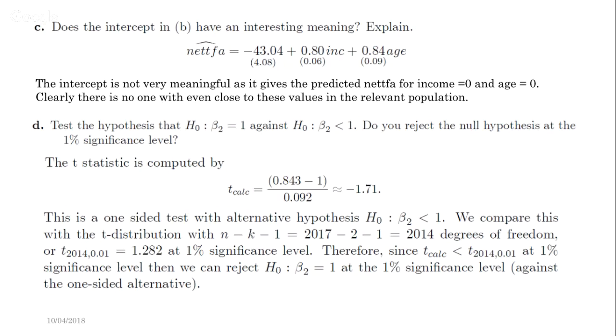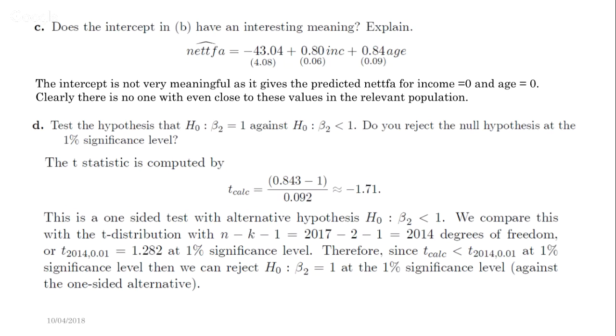How about the critical value? It should be negative, right? Why should it be negative? Because the H1 is less than. Okay, all right. It should be negative. So therefore this statistic is less than this: negative 1.71 is less than negative 1.282. Therefore, we reject our null hypothesis at 1%.